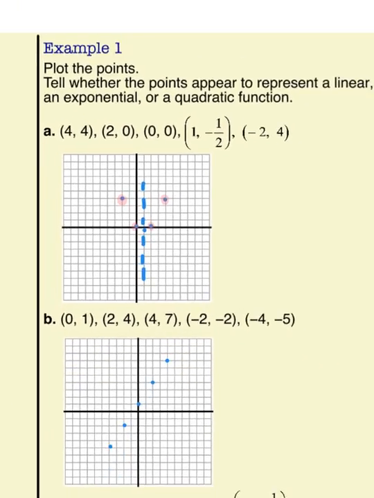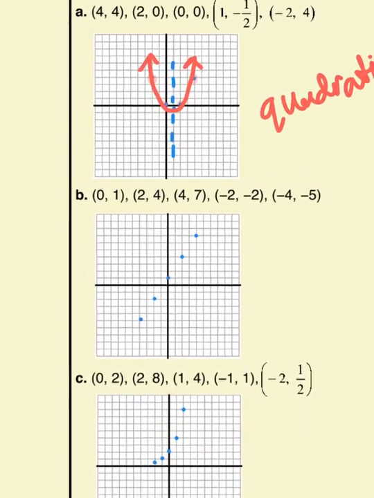Because it has an axis of symmetry and a vertex, we know that we can call that a parabola, which means that example A is quadratic.